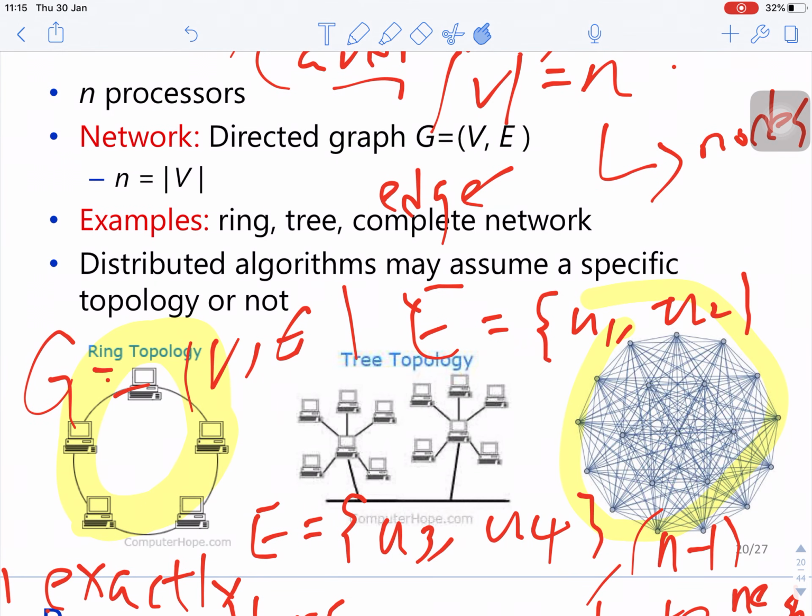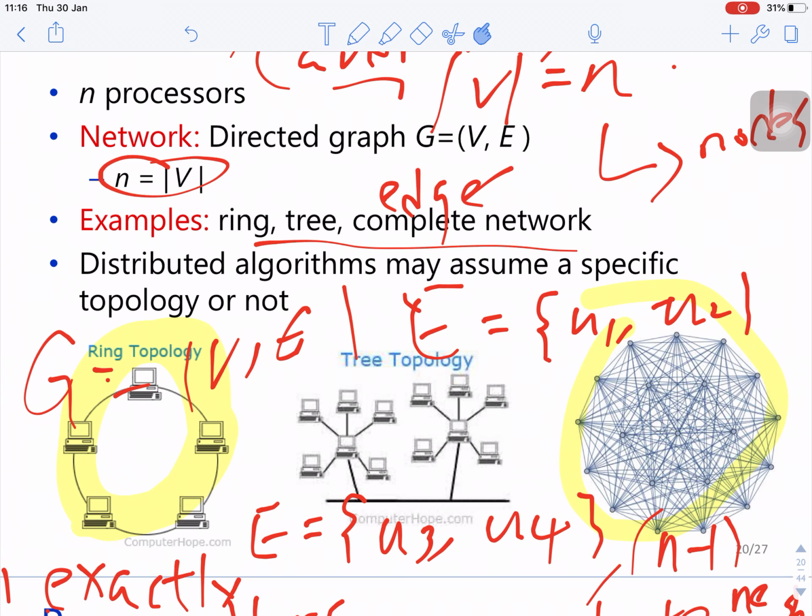We have processors, and they form a network, a directed graph G = (V, E), where the number of nodes in the network is the number of vertices. We have different examples like the ring, tree, and complete network. A distributed algorithm may assume a specific topology or not.